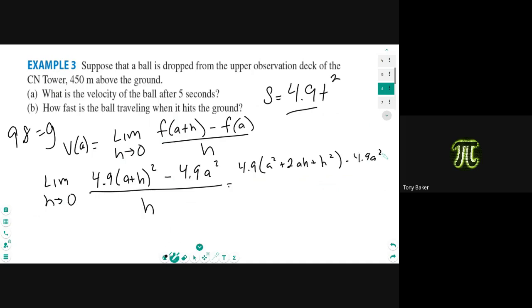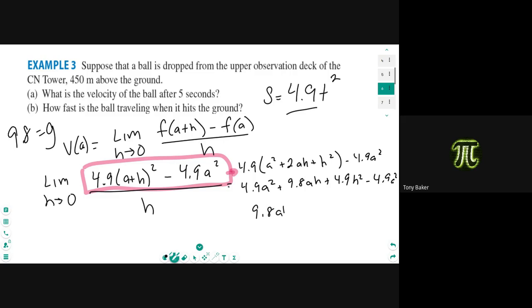We're just going to look at this part for a second. So then I got 4.9 a squared plus 9.8ah plus 4.9 h squared minus 4.9 a squared, right? So I got 9.8ah plus 4.9 h squared.